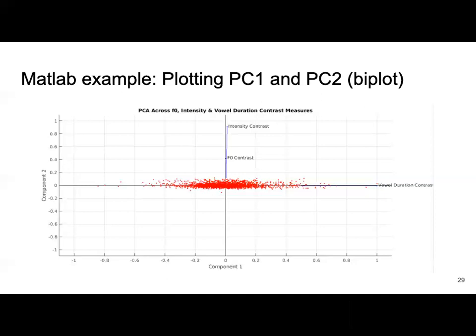When you go back to the coefficients, those loadings, each one is really loading onto a component, and there's not much loading from the other ones. I think PC2 is a better representation of what you could end up with, but the fact that the first component is so heavily weighted by vowel duration suggests that vowel duration is out on its own. That's what you need to be careful about.